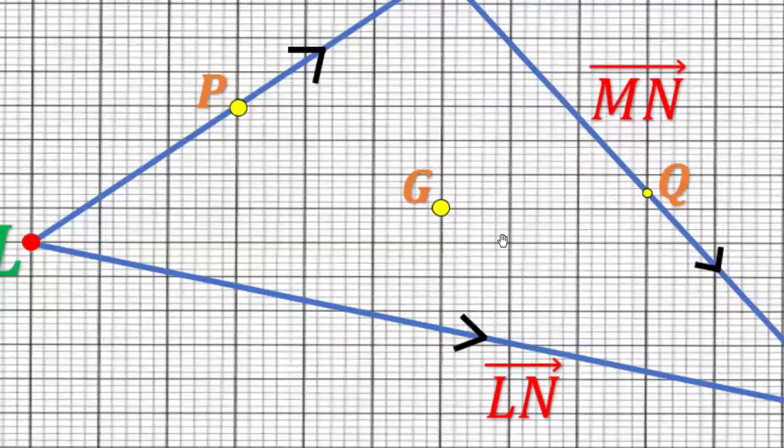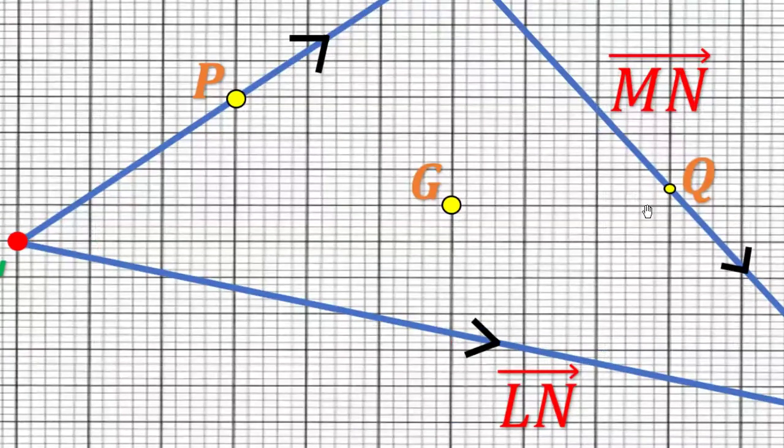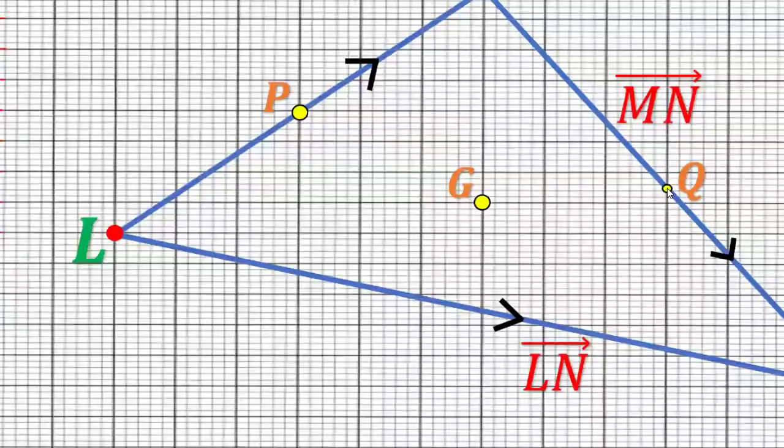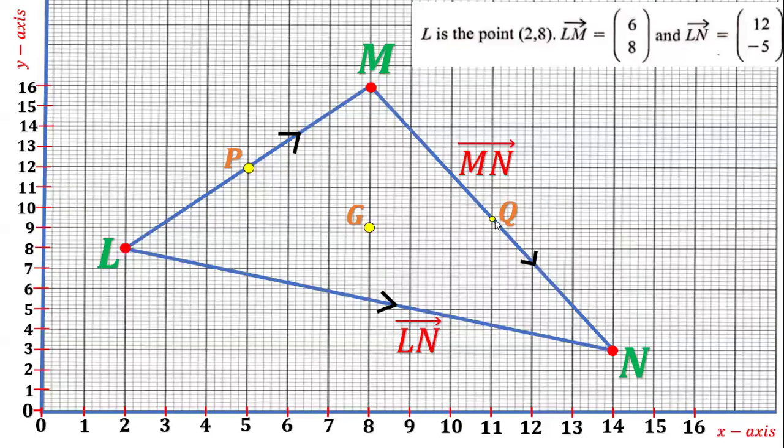Let me show you why it's 9.5: this right here is 9, and you go 9.2, 9.4, and then 9.6. The point Q is in between 9.4 and 9.6, so it's 9.5. So the coordinates of Q are (11, 9.5).